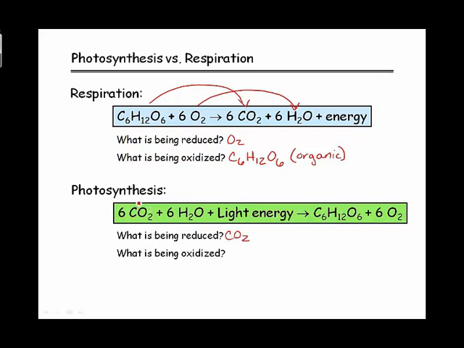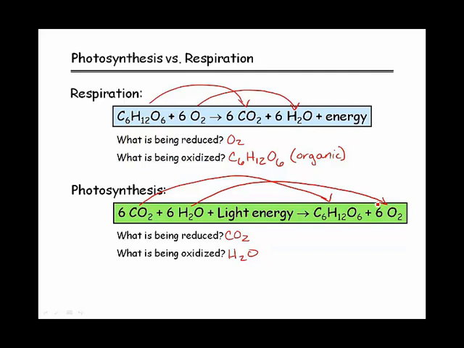So notice here how carbon dioxide, when we move to the product side, is going to gain some hydrogens. And then what will be oxidized in this process is going to be water. And once water is oxidized, it does turn into oxygen gas, which is a waste product in this particular process, but it is really quite a valuable waste product, because we are dependent on that oxygen gas to run our respiration process.